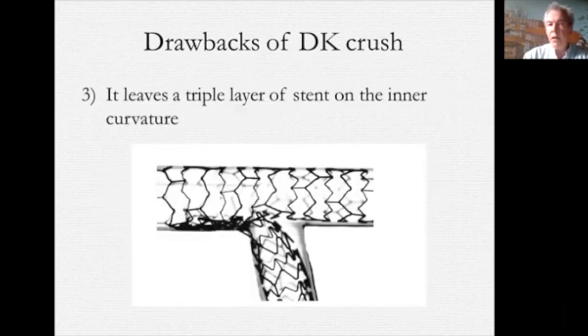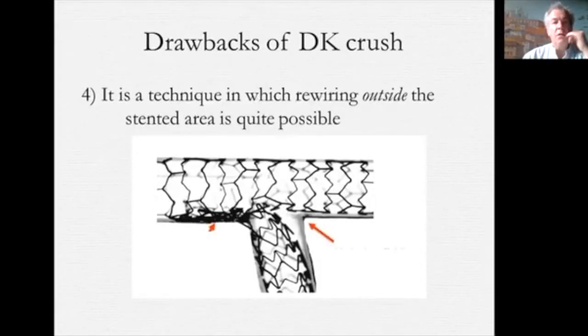It does leave a triple layer of stent on the inner curvature of the main vessel, however short that triple layer is, and it does offer the opportunity to wire outside the stented area and leave an unexposed, uncovered area of vessel that's been injured.